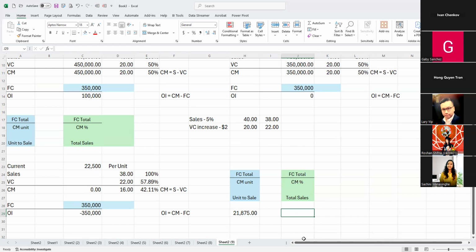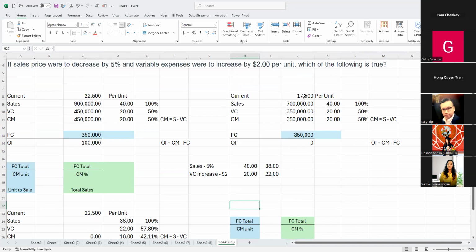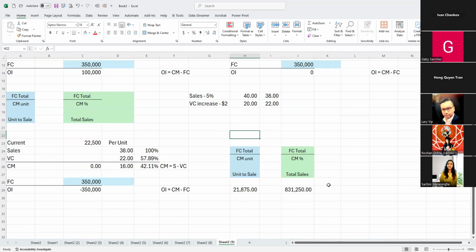How about the total sales? 350,000 divided by 42%. That will be my total sales, correct? Yes. So do I know my units at the current situation for the break-even? This is the break-even in the projected situation, and that will be the current.